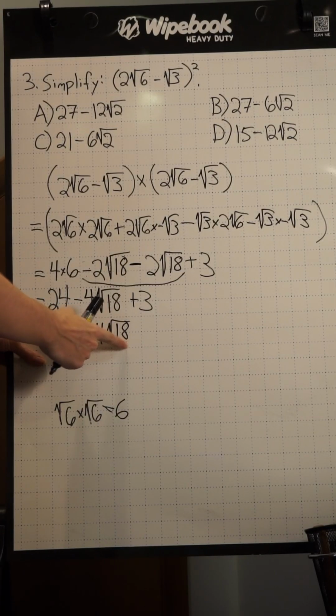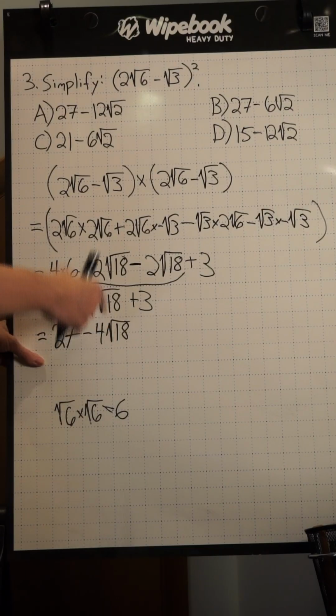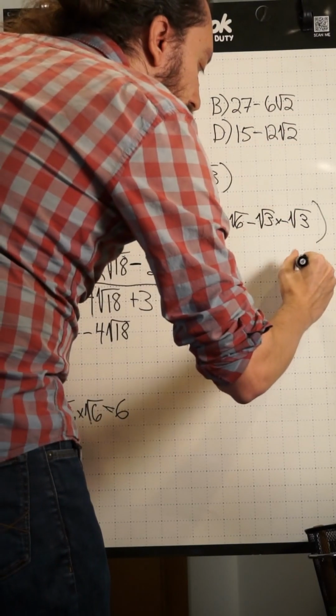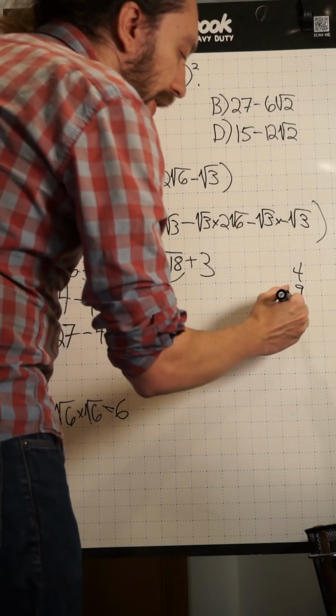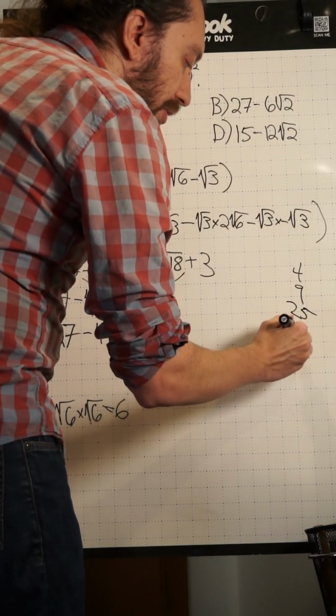So to simplify the square root, we need to think of numbers that when we multiply them together they will be equal to 18, and we want them to be a number that, when we take the square root, it will be a whole number, right? So we think about them, right? 2 times 2, 4, 3 times 3, 9, 5 times 5, 25, 6 times 6, 36, right?